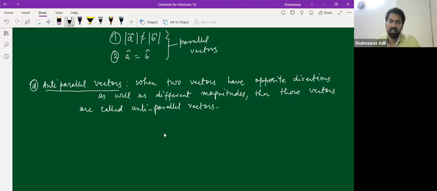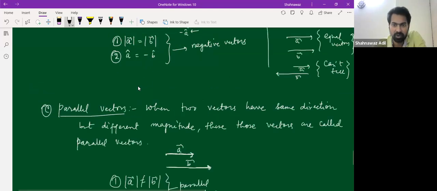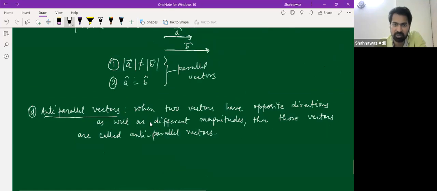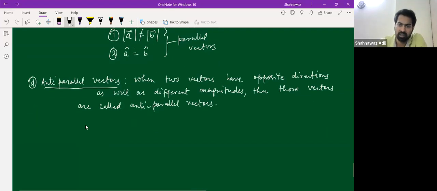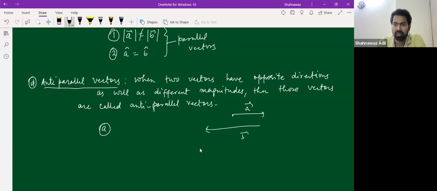So you can see this anti-parallel vector. Let us first understand anti-parallel vectors, then we can generalize this. Let's say this is vector A and this is some vector B. So these A and B are anti-parallel vectors.